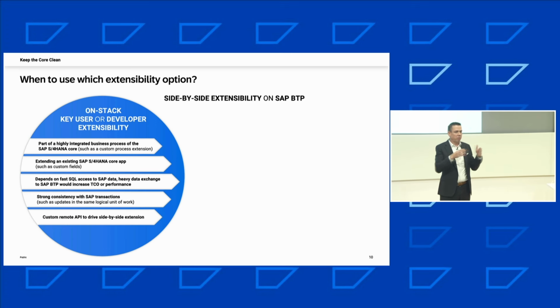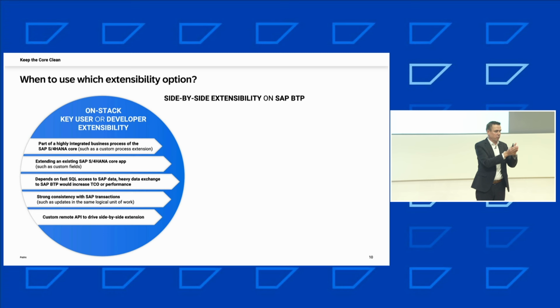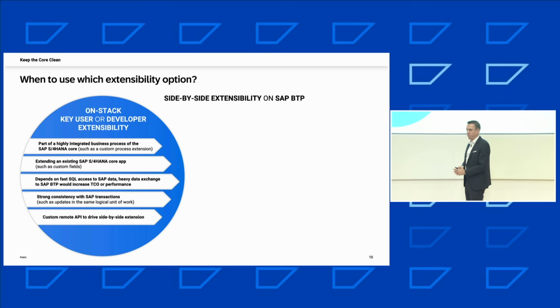So you are, let's say, in your business process and you want to do a validation of some input data, etc. It does not make sense for that reason to bring everything first to the BTP to do some validation and then bring it back to the stack. You can do it on stack. Following clean core means following ABAP Cloud.